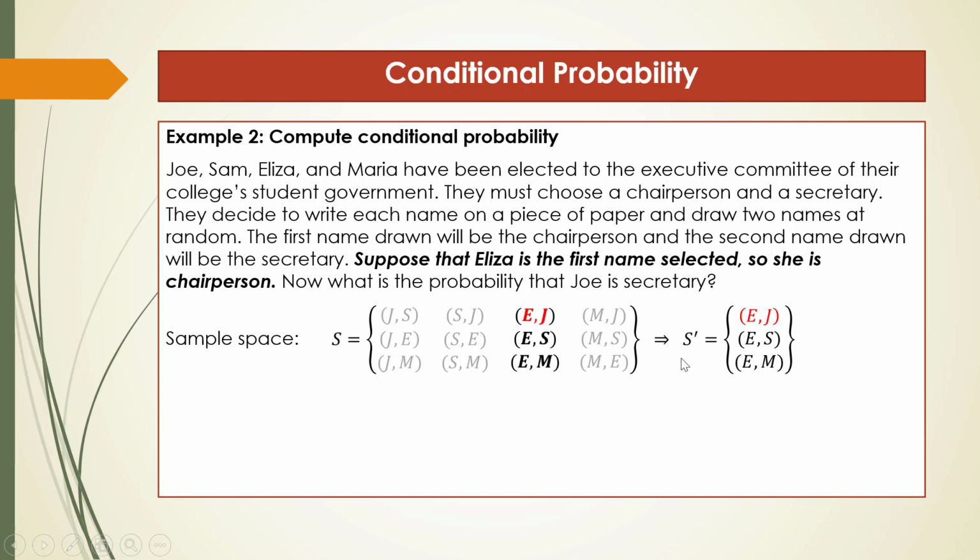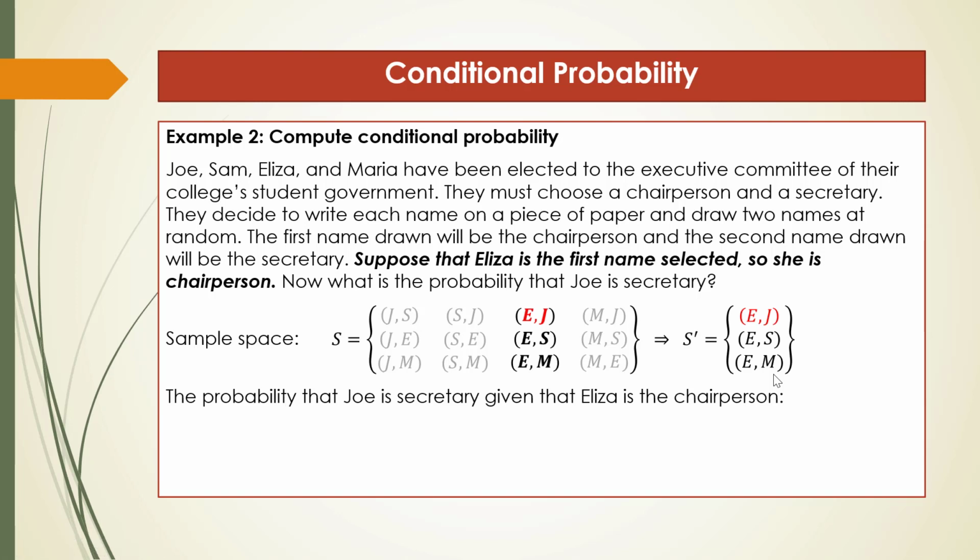So we can rewrite the sample space as S prime, equal to a set of three possible outcomes: EJ, ES, EM. So the probability that Joe is secretary given that Eliza is the chairperson is 1/3.